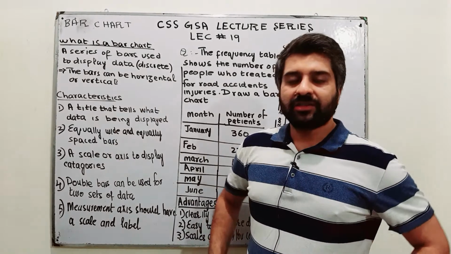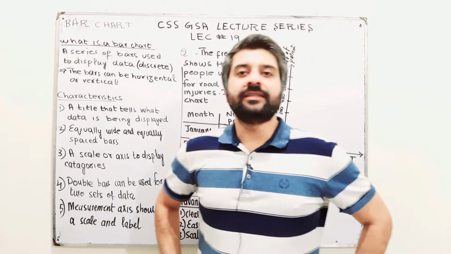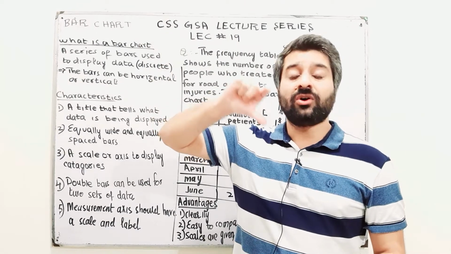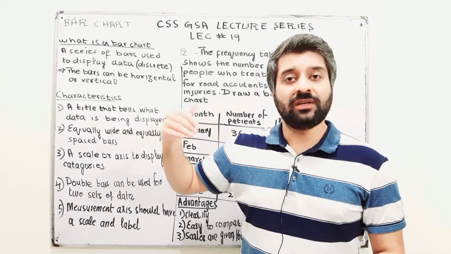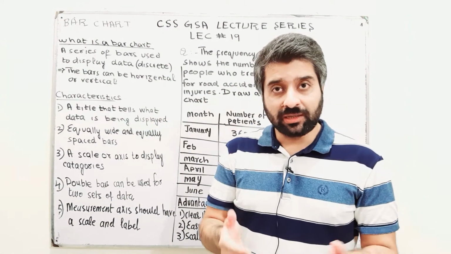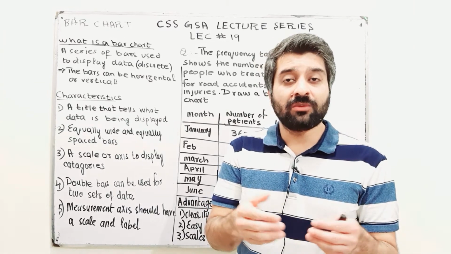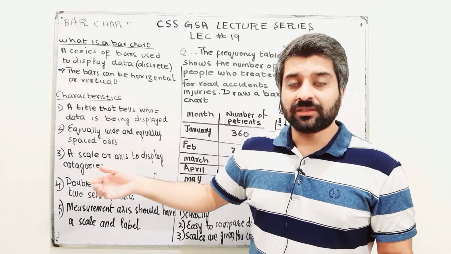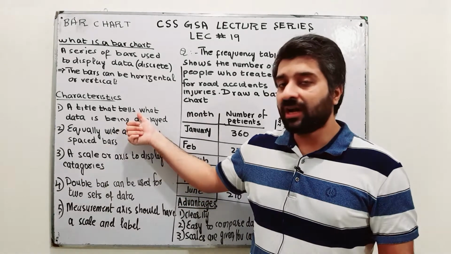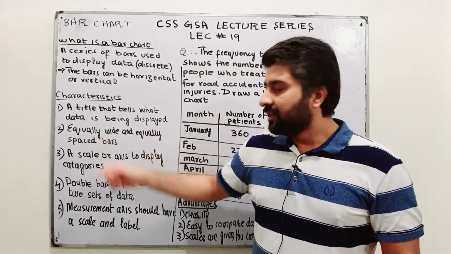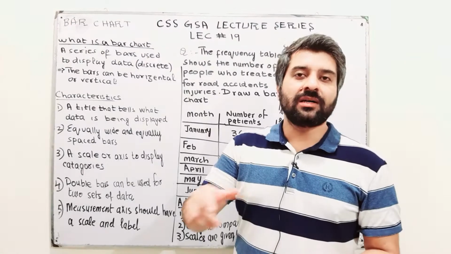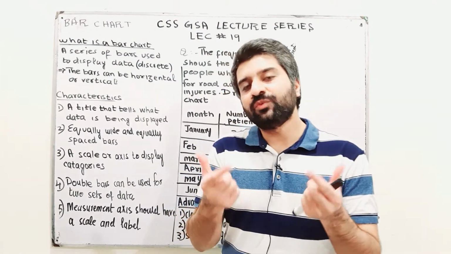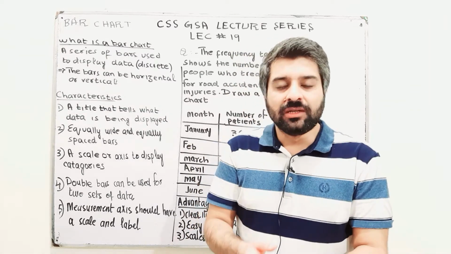What are the characteristics of a bar chart? It needs a title at the top or at the bottom that will tell you what type of data is discussed in the bar chart. Then the bars in the bar chart are equally spaced and their width is also equal.